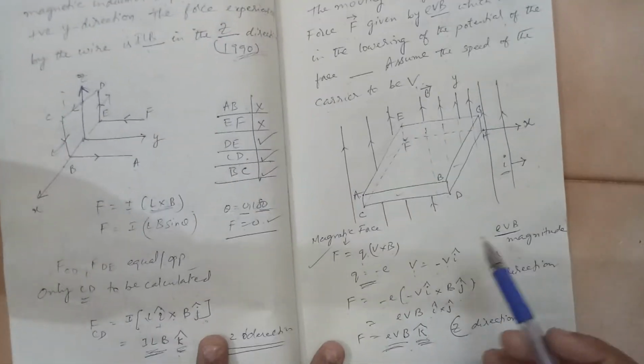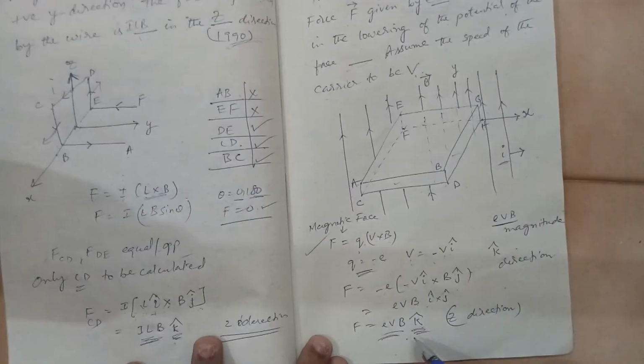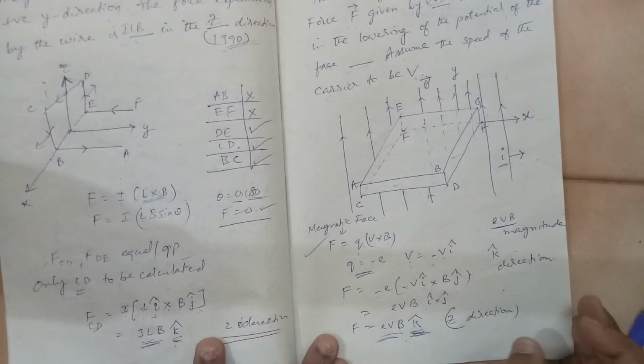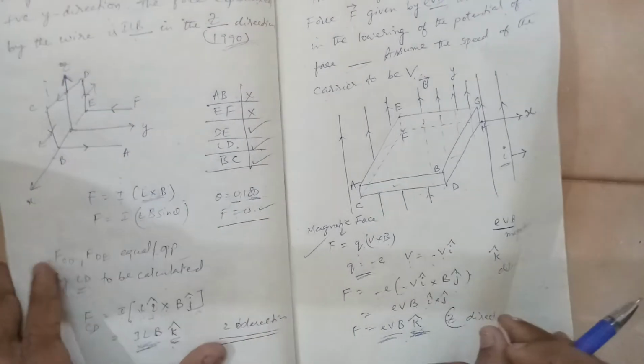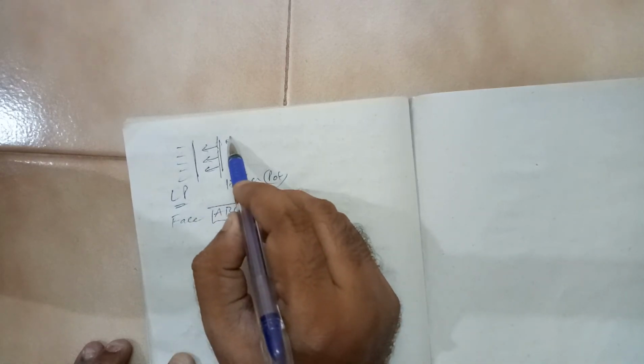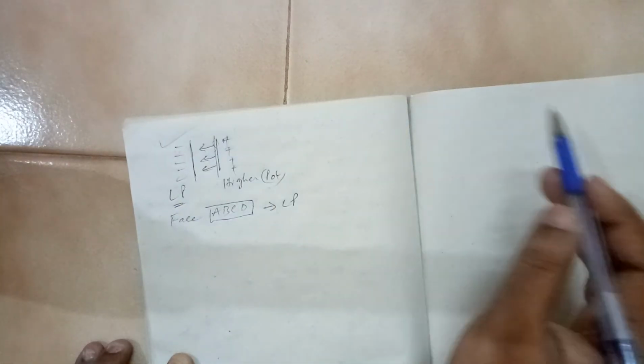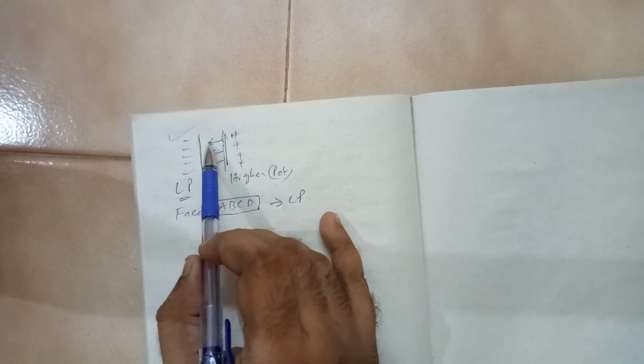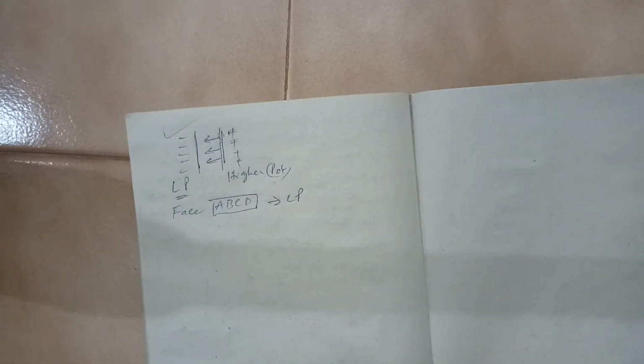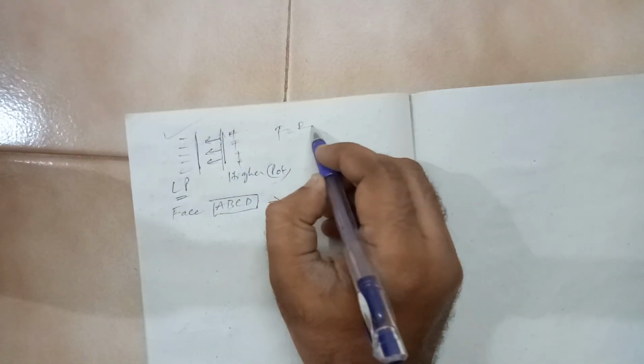If you see here, this force on the electron is in which direction? It is in the Z direction. So if you remember, suppose there are two parallel plates, one with a positive charge, one with a negative charge, the force will be in this direction, right? F is equal to EQ, remember?